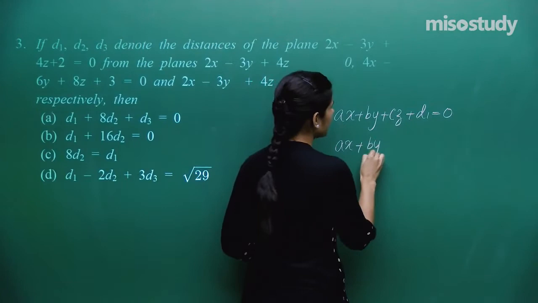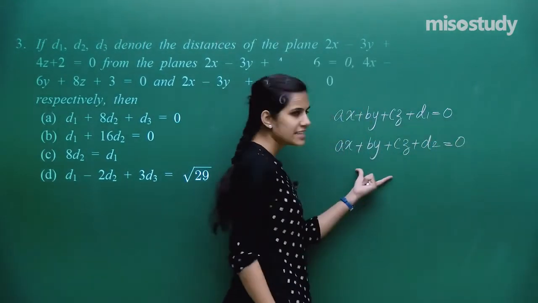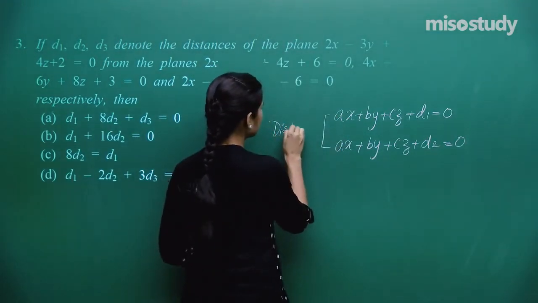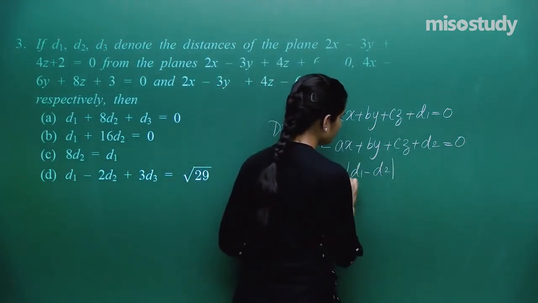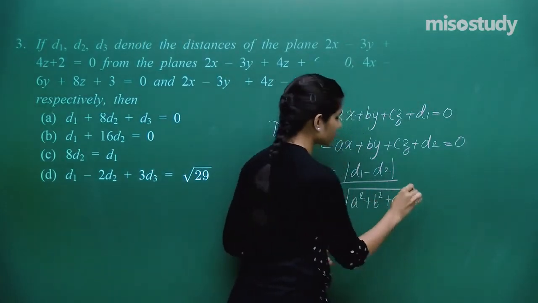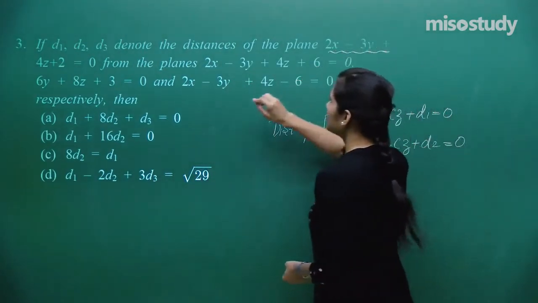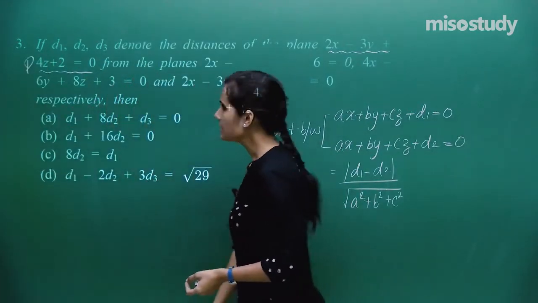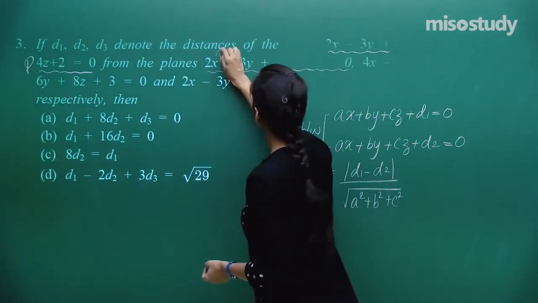If this is the next plane having the same direction ratios A, B and C, then the distance between them is given by mod of d1 minus d2 upon under root a square plus b square plus c square. Now understand, this is the plane P and this is plane P1.